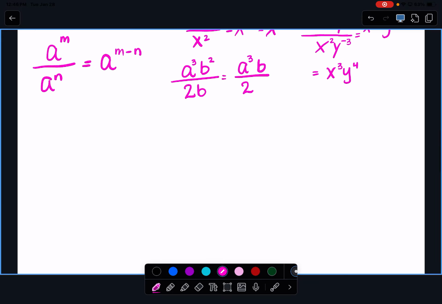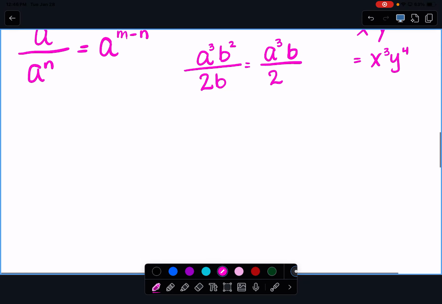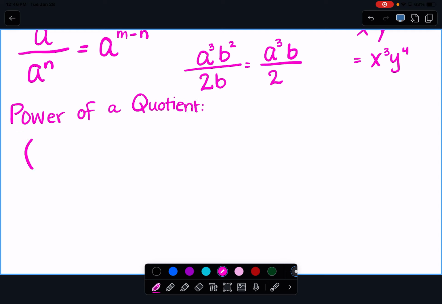It's okay, Hayden. All right, now we're going to look at power of a quotient. And that's just where we have a fraction that is being raised to a power.